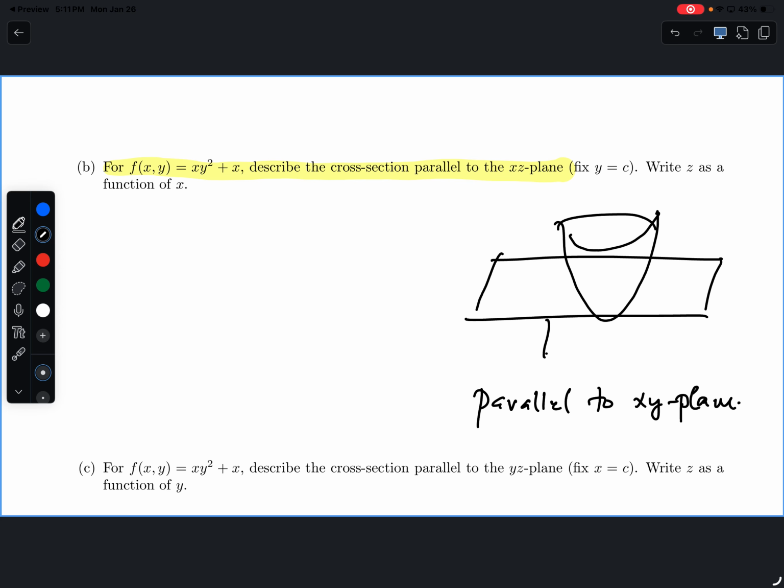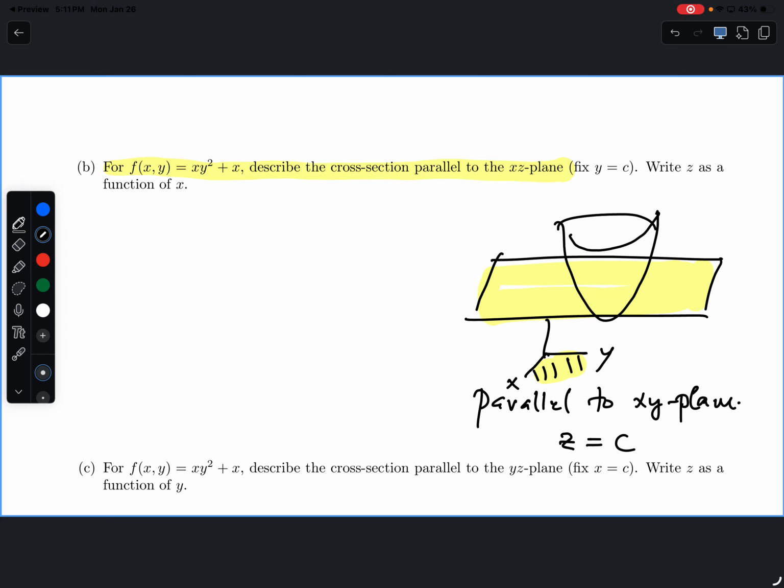Because if you draw these three axes, this is y, this is x, this is the xy plane, and we always intersect with a plane which is parallel to the xy plane. For this, what do we do? We put z is equal to c.